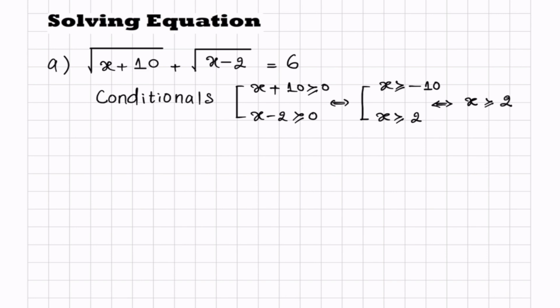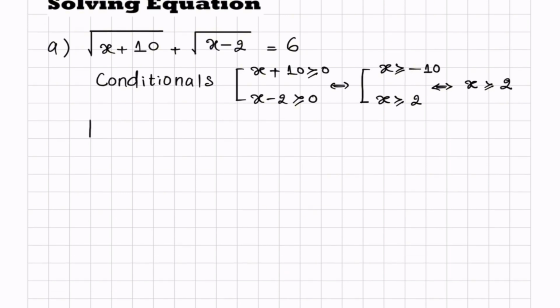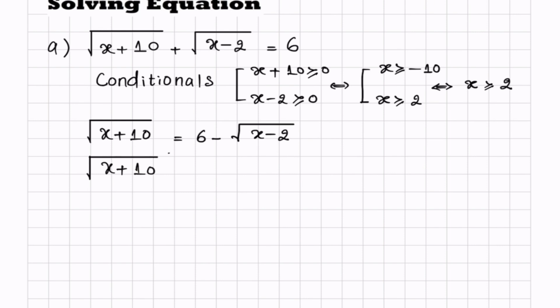Now we take the square root of x plus 10 equal to 6 minus the square root of x minus 2, and then raise both sides of the equation to the square. So we get the square root of x plus 10 squared equal to 6 minus the square root of x minus 2, squared.